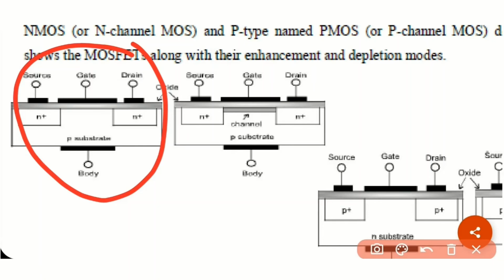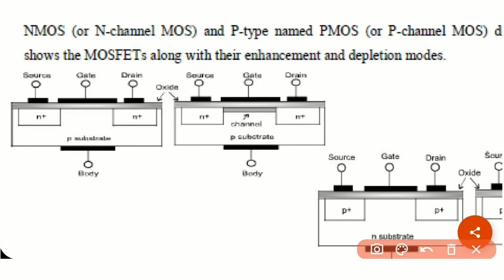source and drain. If a gate is connected to a suitable positive voltage, clear? If there is a gate which is having a suitable positive voltage with respect to source, then what will happen? Then the electric field established between the gate and substrate gives rise to a charge inversion region. Clear?